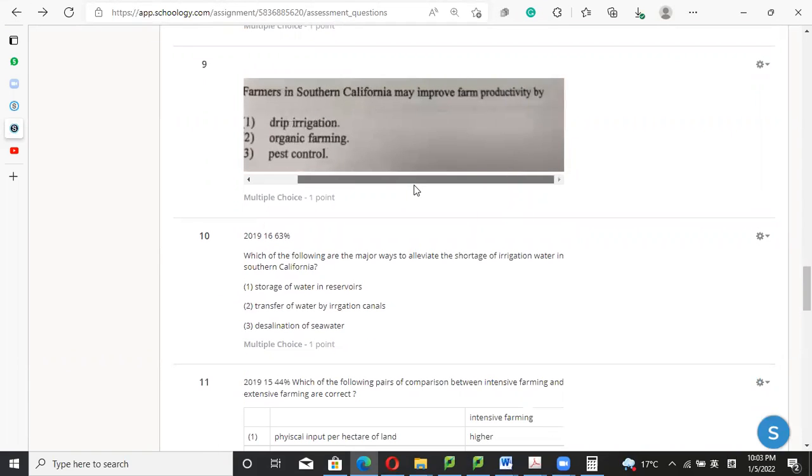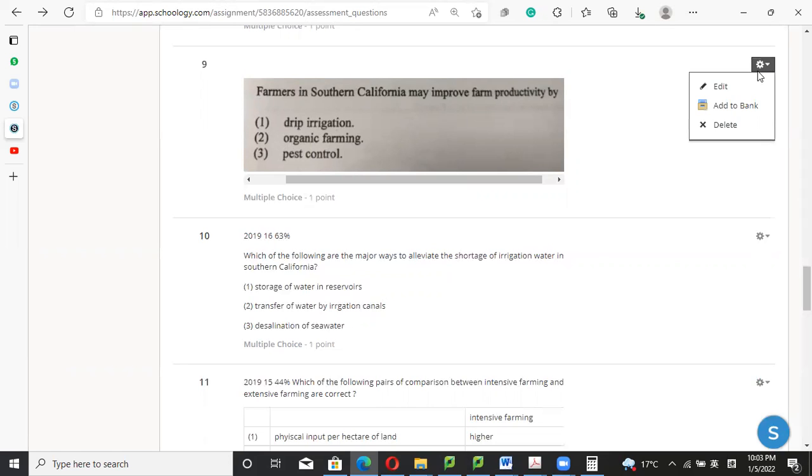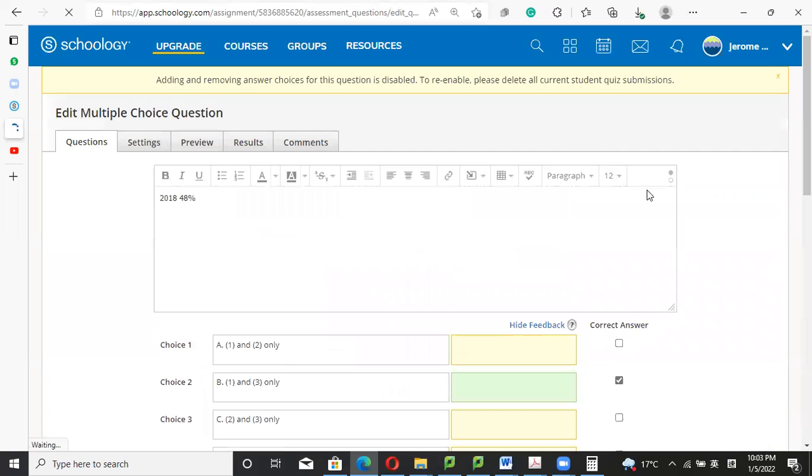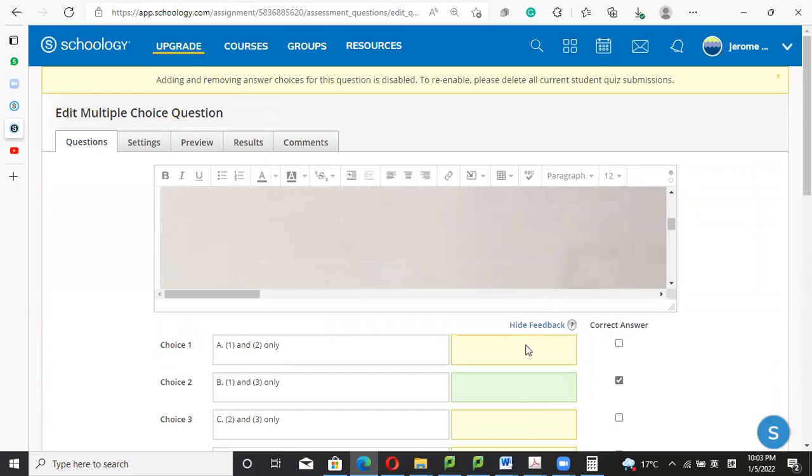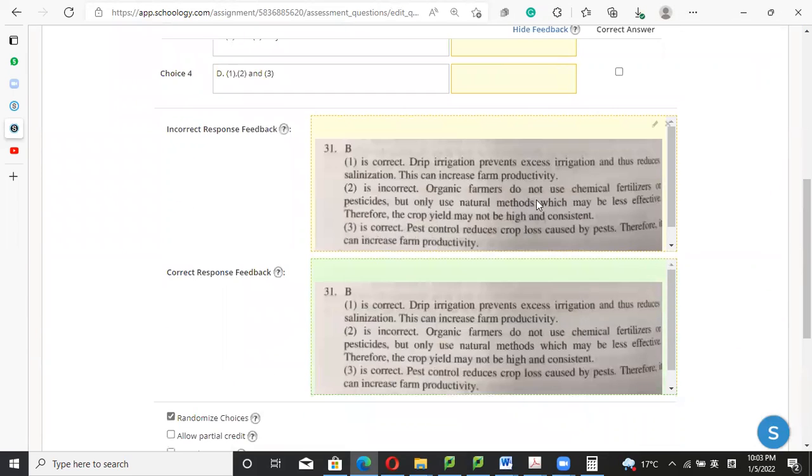Farmers in Southern California can improve their farm productivity by drip irrigation, organic farming, and also pest control. Which one is correct? Drip irrigation, right? Organic farming, think about it. Pest control. Because it's talking about farm productivity, I don't think organic farming can really help a lot, because organic farming does not use chemical fertilizer; you're only using natural methods.